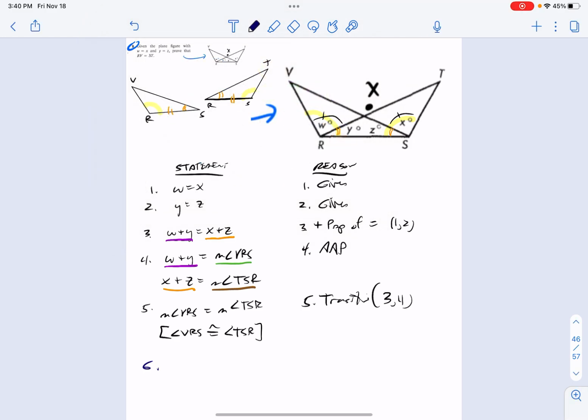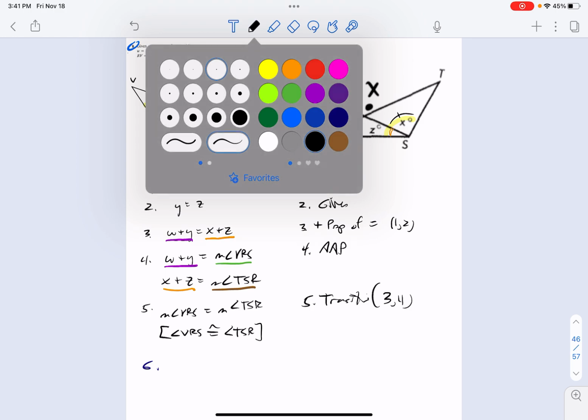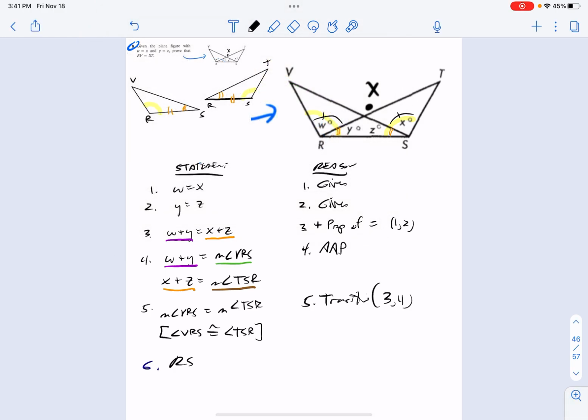So I will say that RS equals SR. I'm just switching the order because of the symmetry. That's by the reflexive property. And now we can do angle, side, angle. Triangle VRS is congruent to triangle TSR.